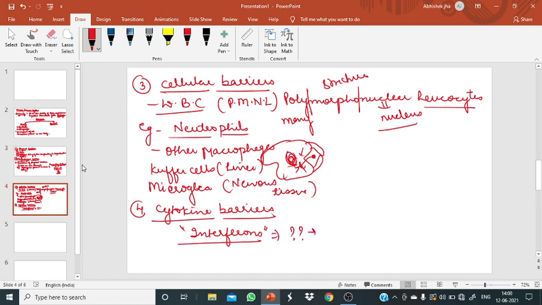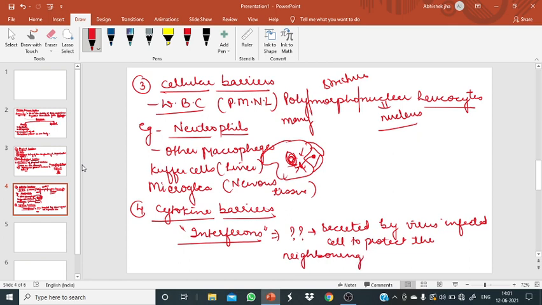Interferons are the glycoproteins secreted by virus infected cells to protect the neighboring cells from viral attack.